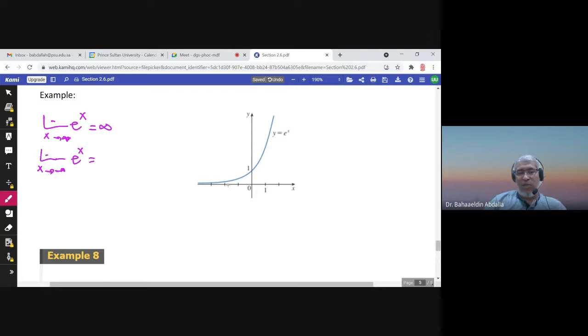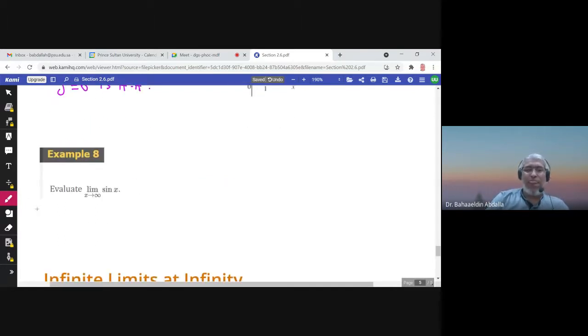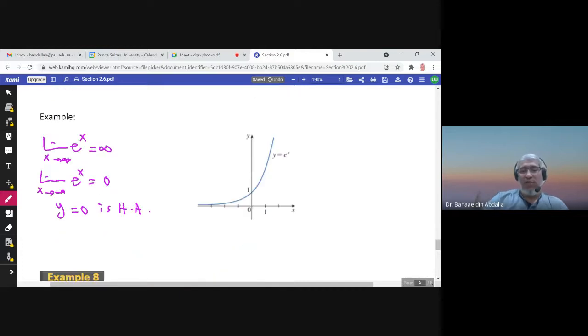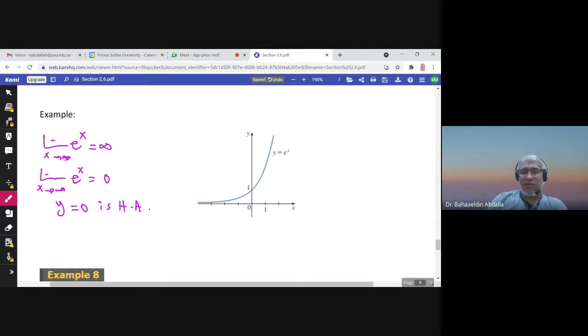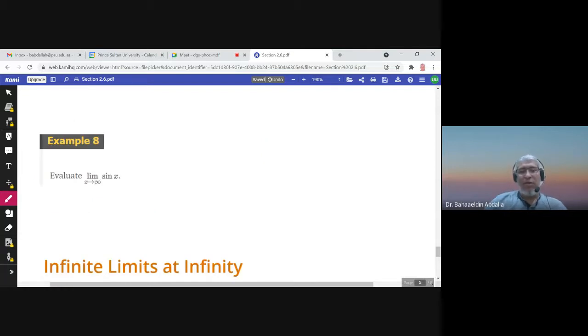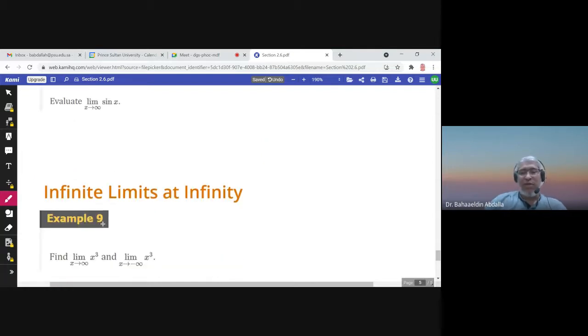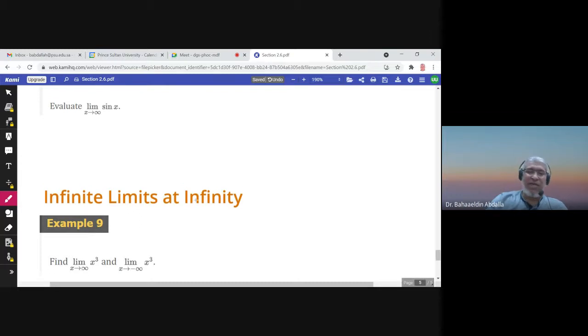Well, the graph is approaching zero. And that's why the line y equals zero is a horizontal asymptote. So you could have infinite limits at infinity. This is an example of infinite limits at infinity.